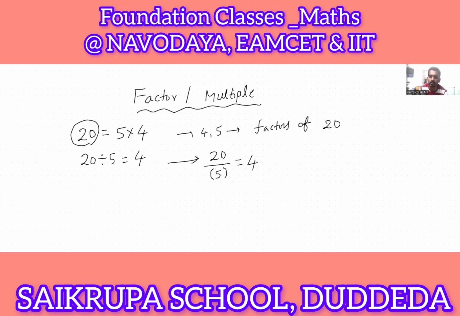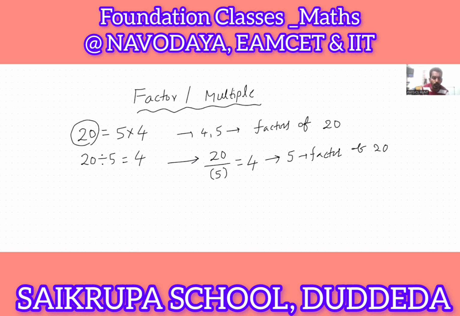Then that number which is dividing, that 5, is called a factor of 20. So using multiplication you can say what is a factor. Using division also you can say what is a factor.